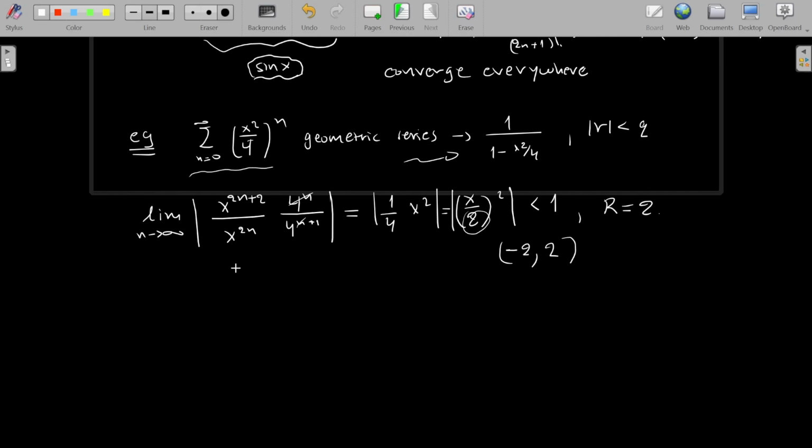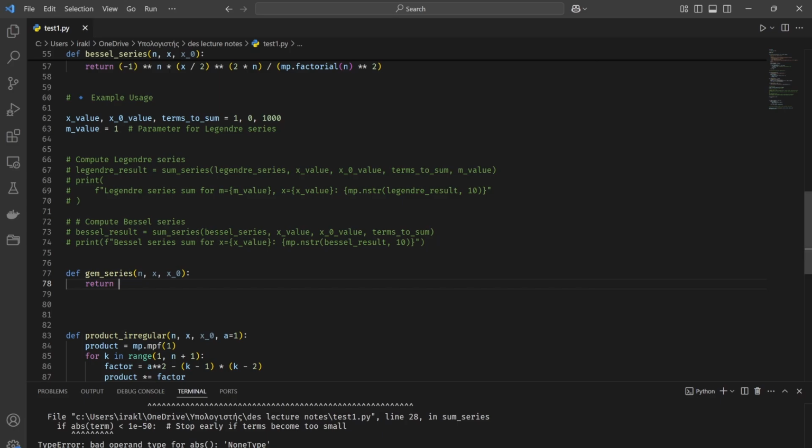Now, to convince ourselves of what happens outside of this range that we found, where we say that the power series will diverge outside and converge inside of it, let's check our code editor and see what happens.